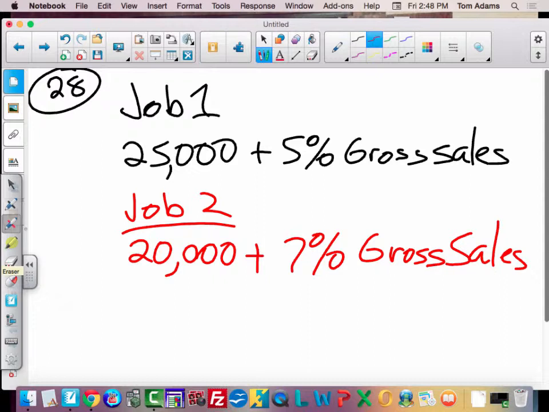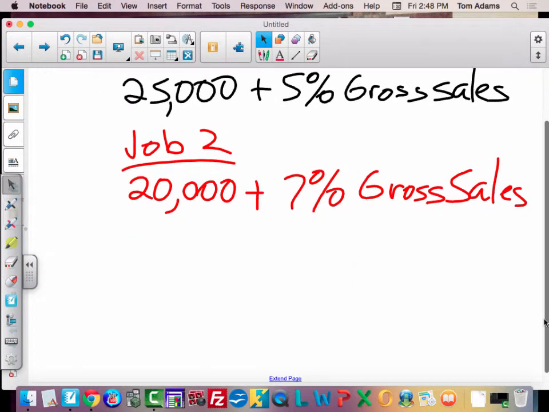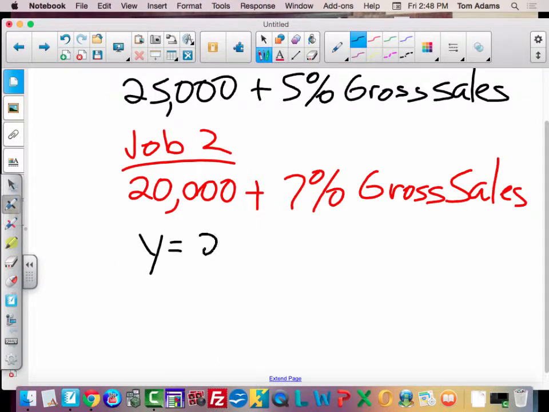We can do this on a calculator, which isn't that hard, but we don't really need a calculator. So what I'm going to do is graph this to give you an idea. There's two functions. Job 1: y is equal to 25,000 plus 0.05 times gross sales, which is x.